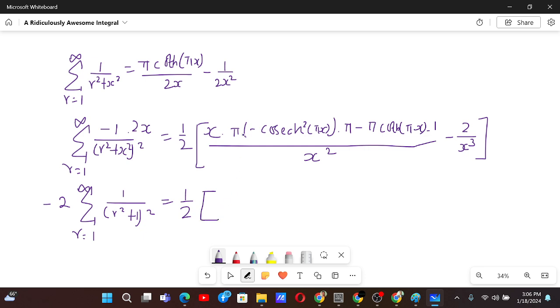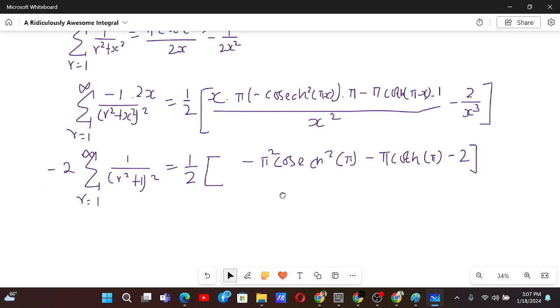Yeah, and this will be, okay, so what will this be now? Minus pi cosec x square pi, so minus pi square, because there's another pi, square pi minus pi cot as pi minus 2, because x square and x cube are just 1. Yeah, that's 1.